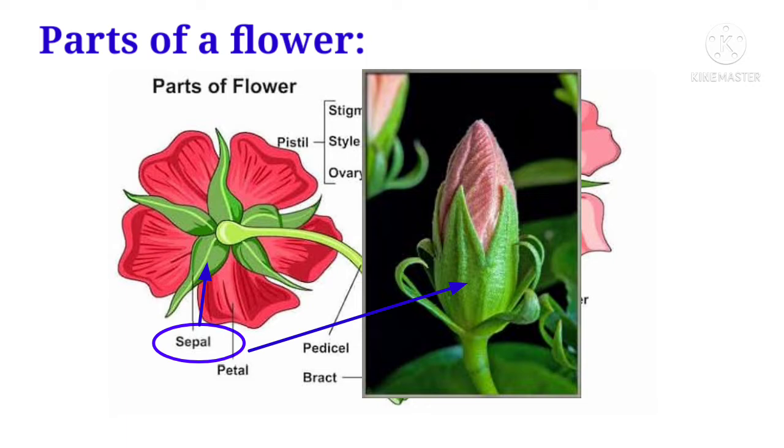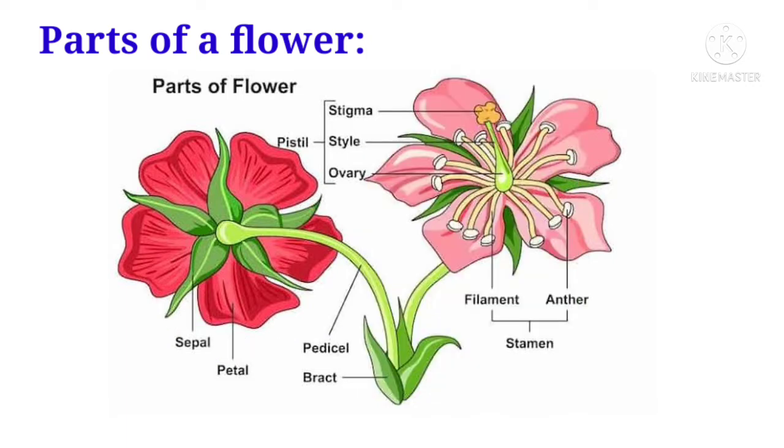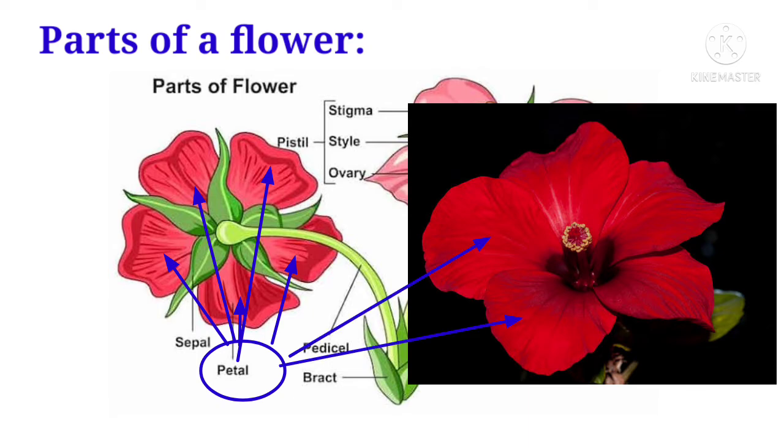They protect the bud. In most flowers, petals are brightly colored. They make the flowers look beautiful. They help to attract insects for pollination.